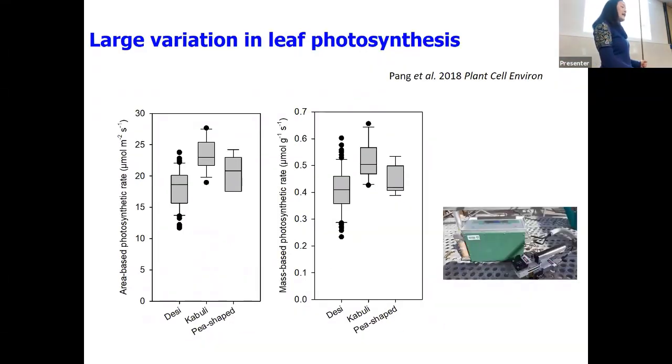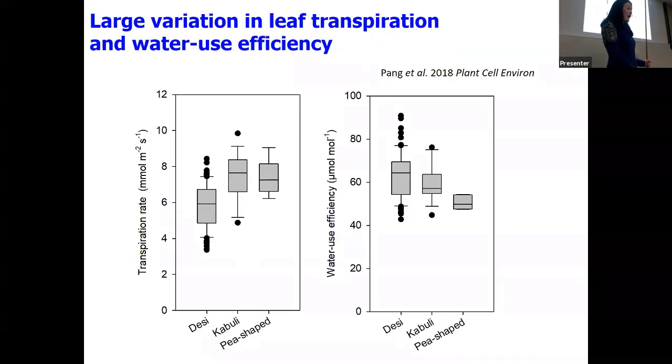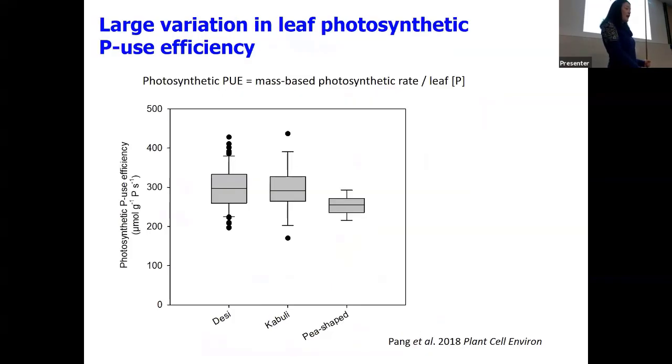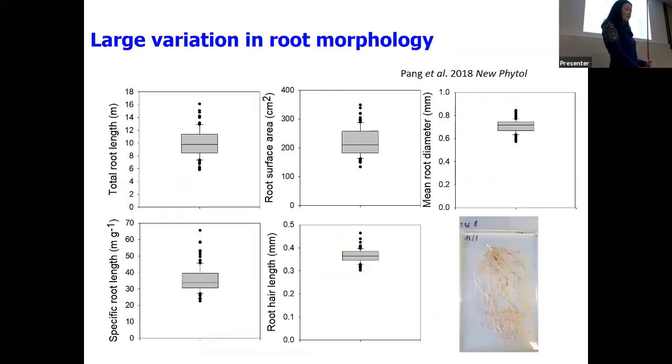And both area-based photosynthesis and mass-based photosynthesis also got large variation. And leaf transpiration rate and water use efficiency varied very significantly among different genotypes. And photosynthetic phosphorus use efficiency also varied.